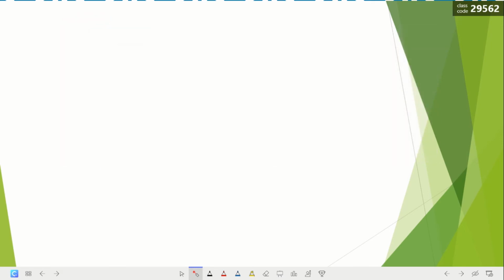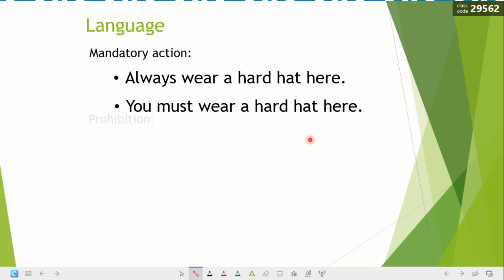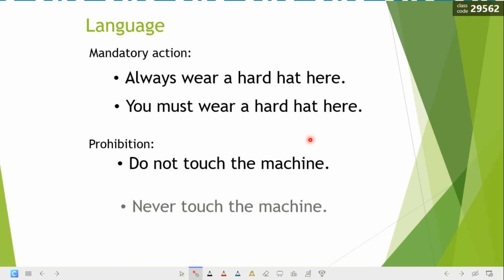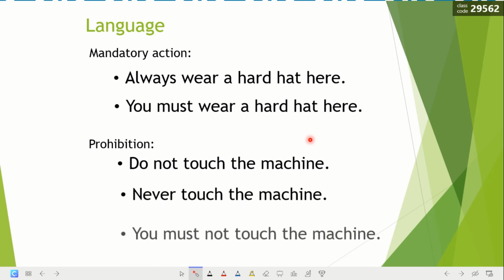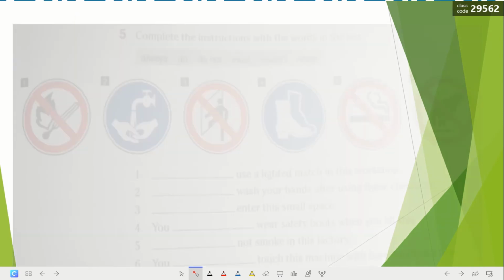Now we are going to use this to make sentences. Mandatory action: always wear a hard hat here. You must wear a hard hat here. Prohibition: do not touch the machine. Never touch the machine. You must not touch the machine.